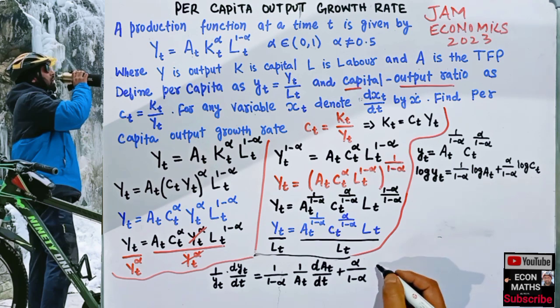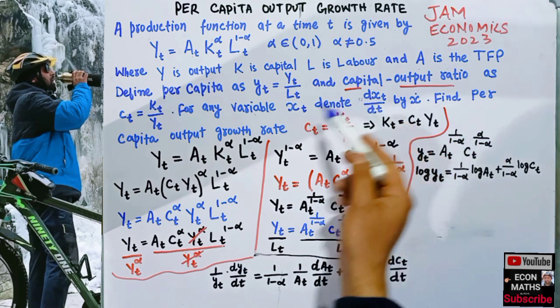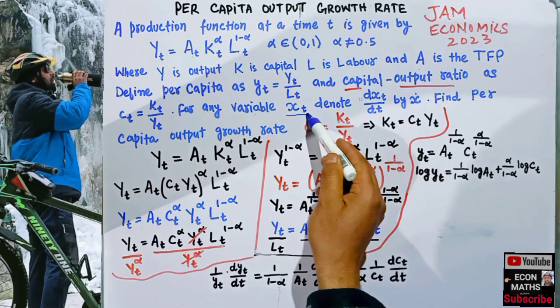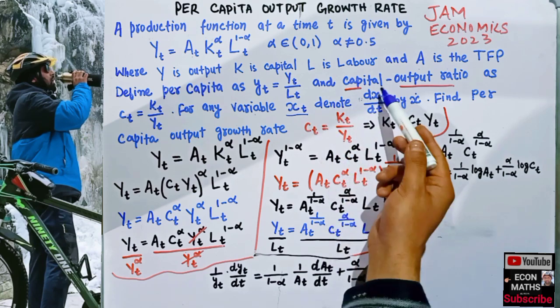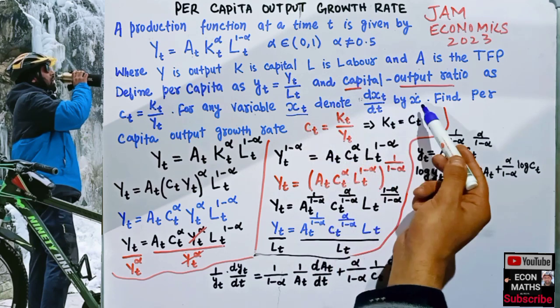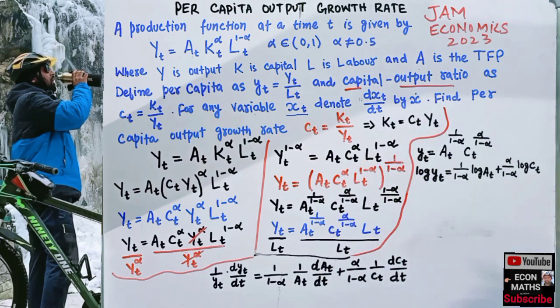The derivative of log C_t is 1 divided by C_t times dC_t divided by dt. We are being told here that if we have a variable x_t, the derivative of this x_t with respect to time is denoted by x dot. dy_t divided by dt is the derivative.